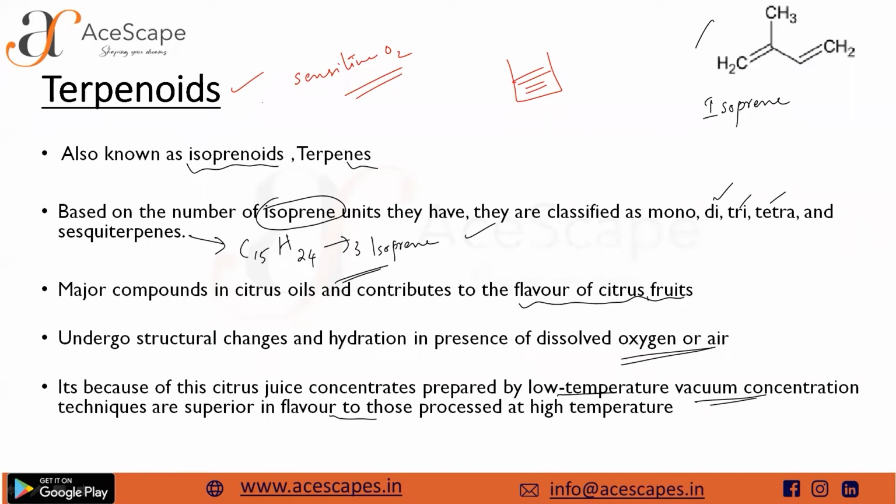When we taste fresh lemon juice, it has a sour flavor. If we keep it for some time, there will be a change of taste. After some time the sourness changes to a bitterish kind of taste. That is because of the oxidation of terpenoids.